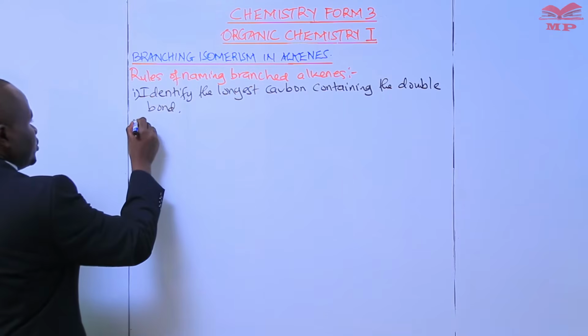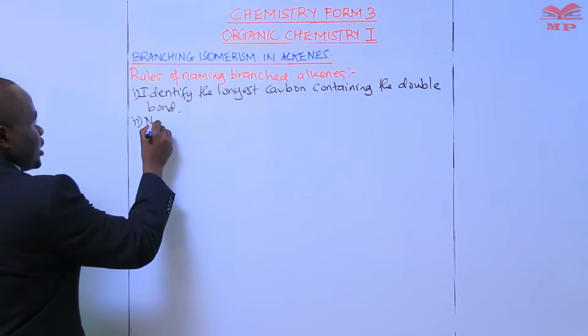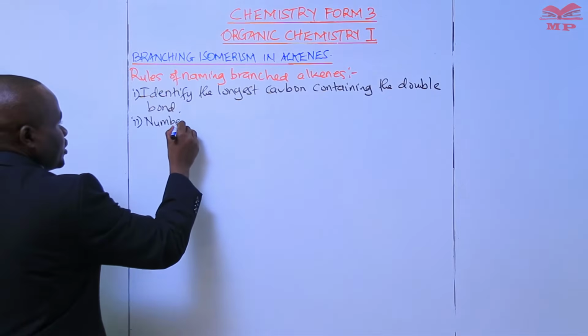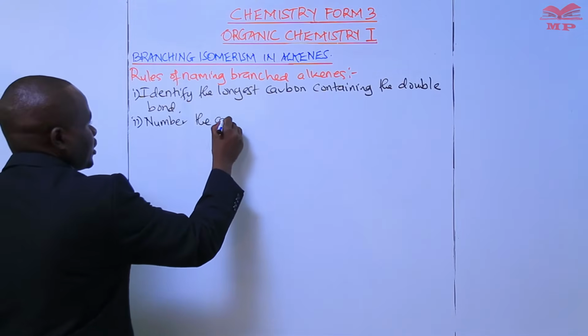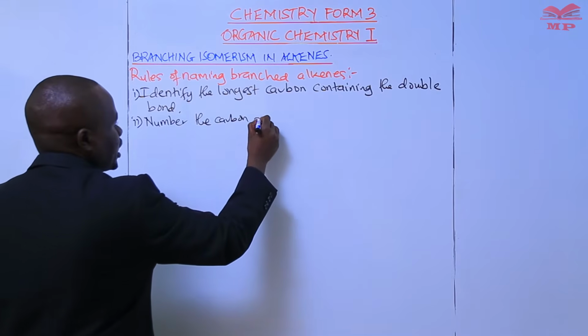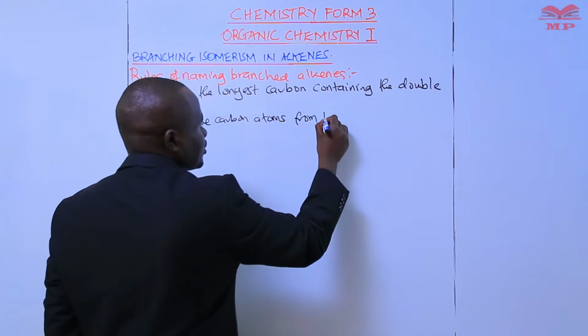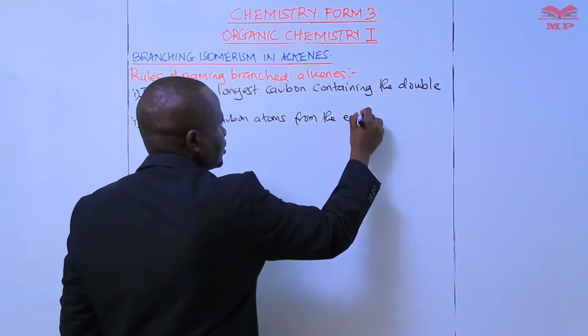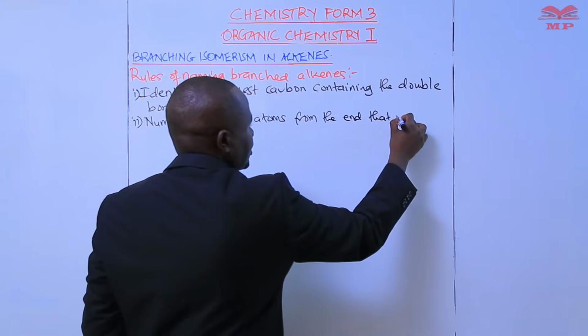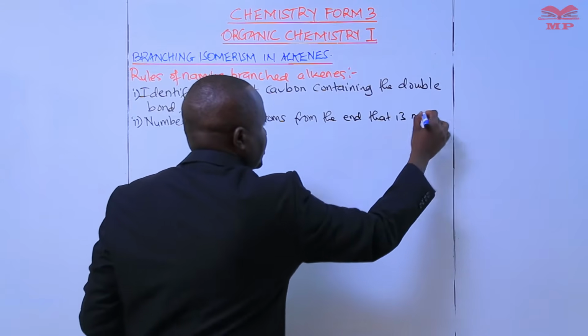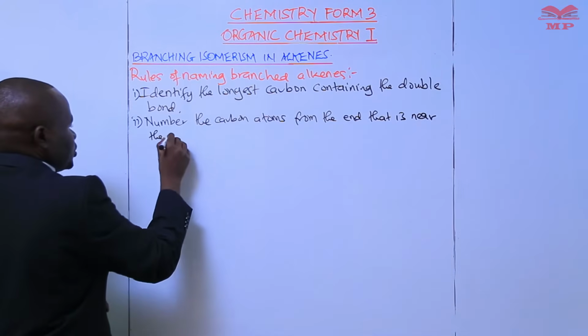Then rule number 2 is that you number the carbon atoms from the end that is near the double bond.